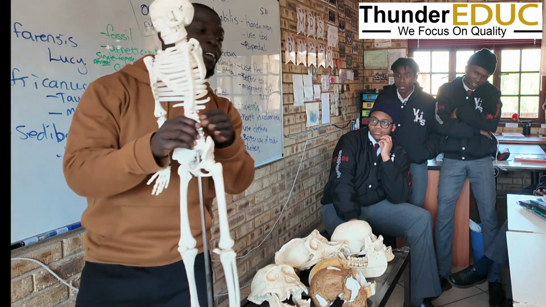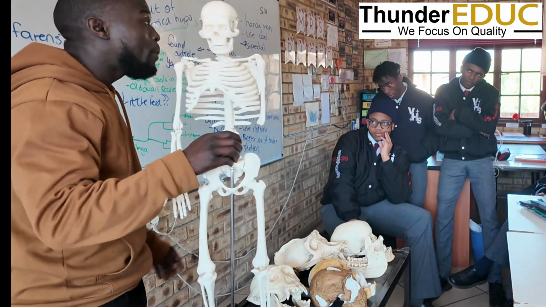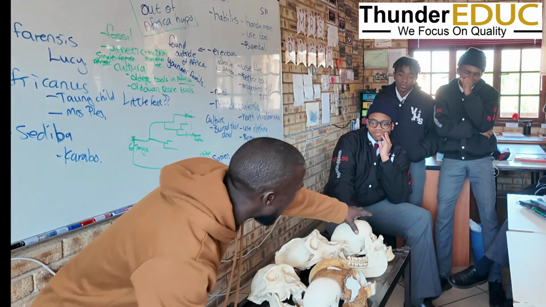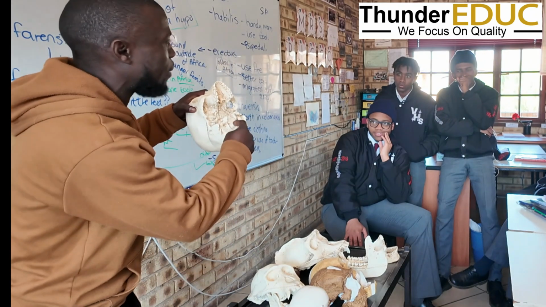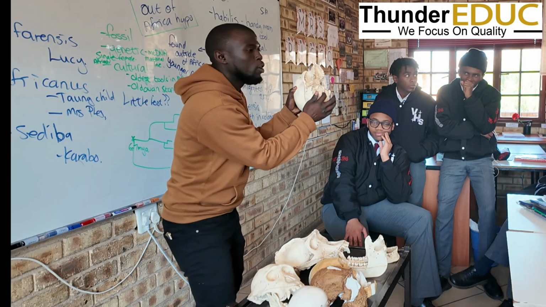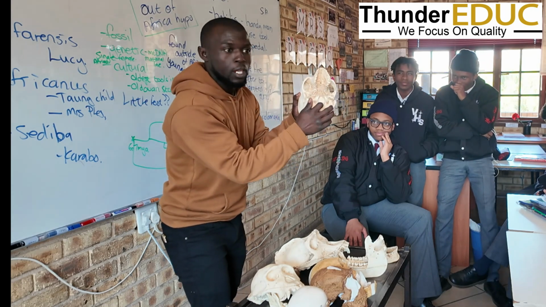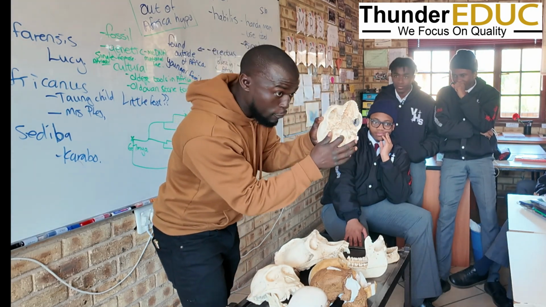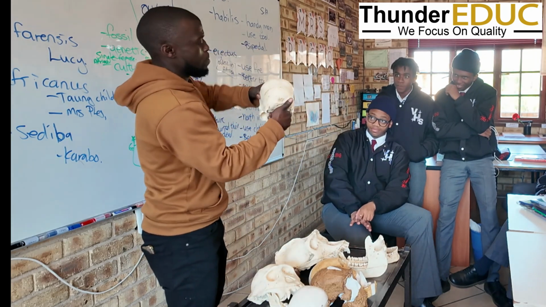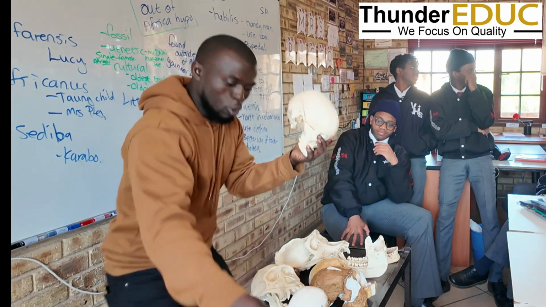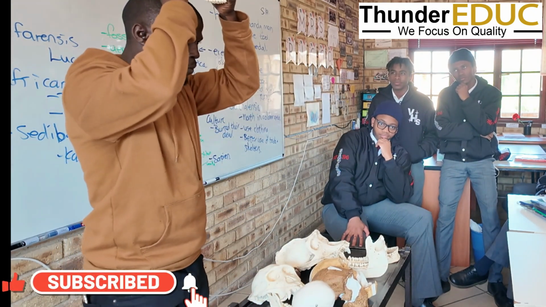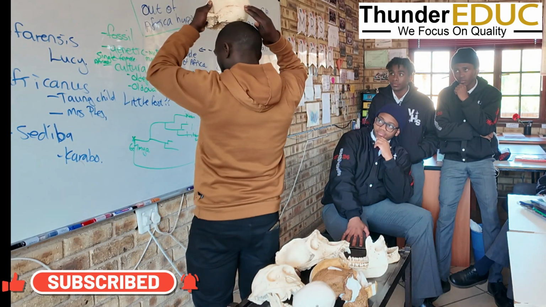You need to use the words, the position of the foramen magnum. Foramen magnum is more forward. Look at this hole. This is the hole for the spine, isn't it? Imagine this hole is here.